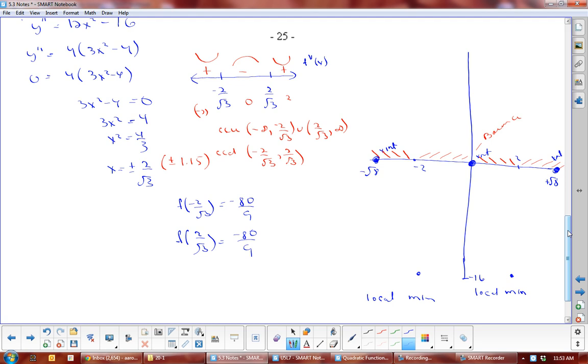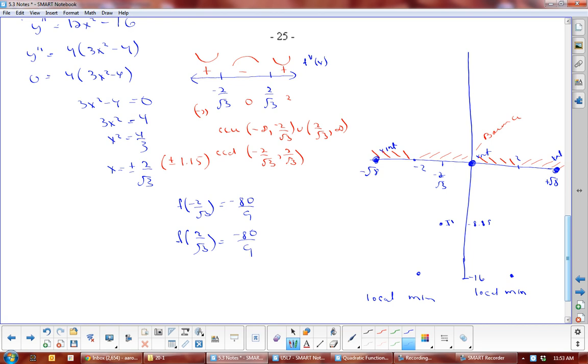The next thing is negative 2 over root 3, or 2 over root 3. So we haven't even put that on our graph yet. So we have an inflection point at negative 1.15. So that's about there. That's negative 2 over root 3. And my negative 80 over 9 is negative 8.89. So it's about here.